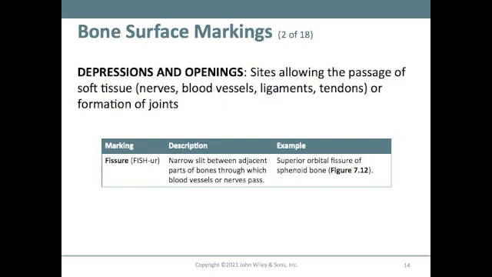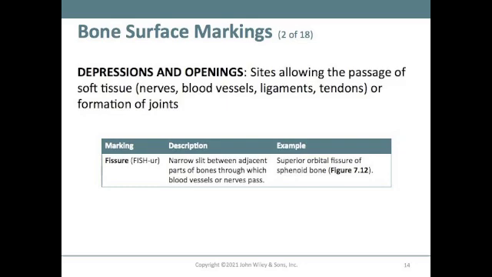This is coming off of table 7.2 on page 206. You can see here it talks about depressions and openings, sites allowing the passage of soft tissue or the formation of joints. You can go through these on your own, but I'll just scroll through them real quick.